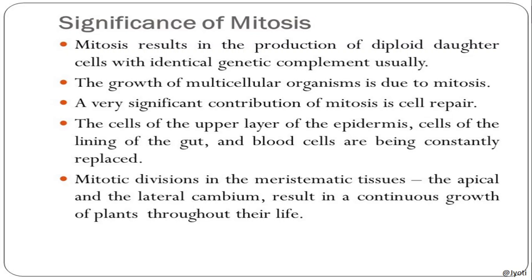Remember children, this is very important. This particular point is not written here, but remember mitosis is the mode of asexual reproduction in unicellular organisms and some lower multicellular organisms where the reproduction takes place by budding.